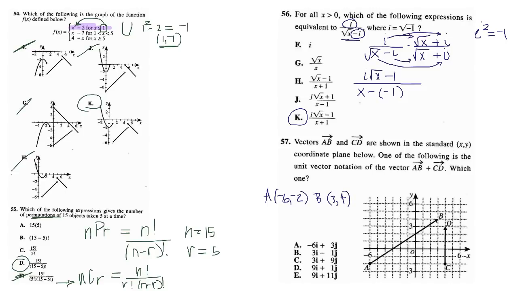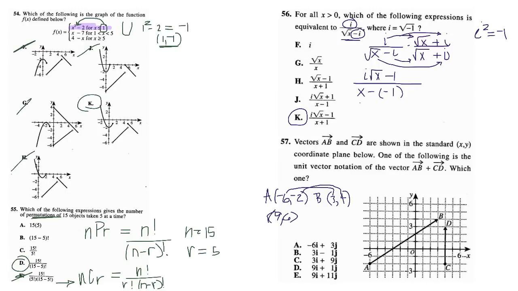If we write this in component form, it's 3 minus -6, which is 9, and 4 minus -2, which is 6. So we have this in our component form.